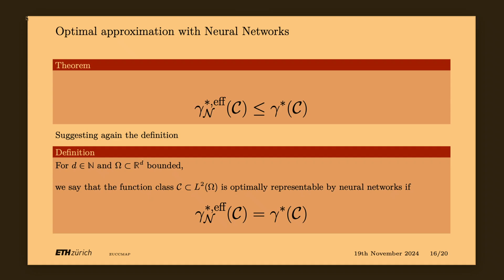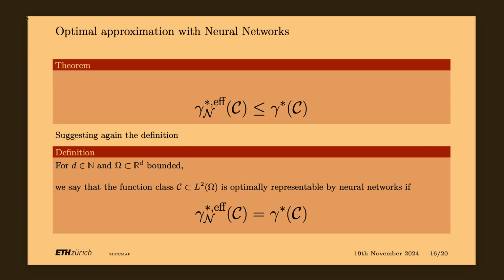And then again, this leads naturally to what we define as optimality of representability of function classes by neural networks, because we again say that if for a function class this coefficient is equal, so the bound is matched, then we call this a function class that is optimally representable by neural networks.